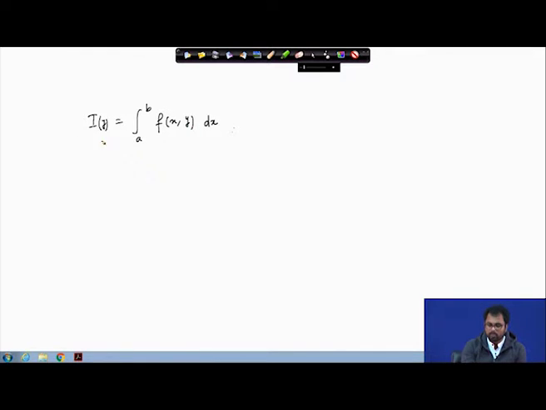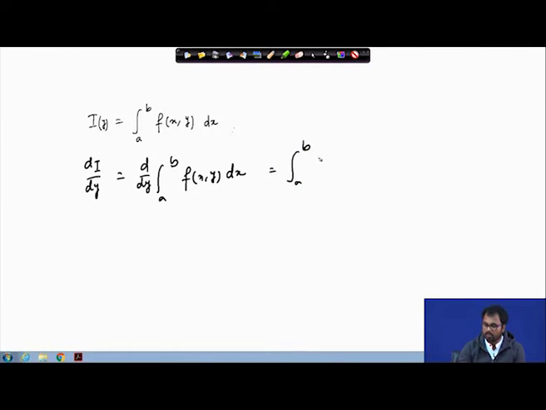And if we want to differentiate this integral, let's say we are doing dI/dy, then we can write it as the integral from a to b of the partial derivative of f(x,y) with respect to y dx. After we perform the differentiation, we basically bring the differentiation inside the integral. Now bringing this differentiation inside the integral is not that straightforward.